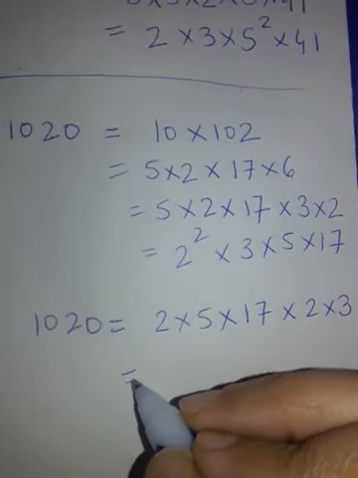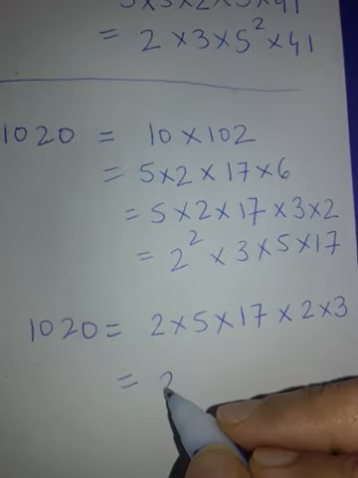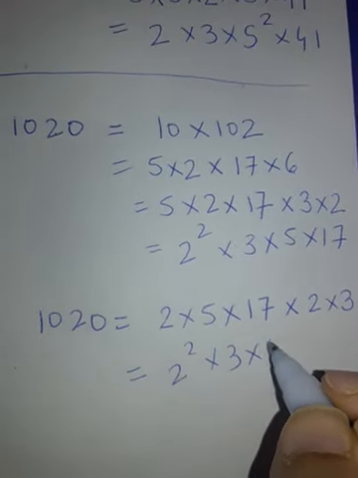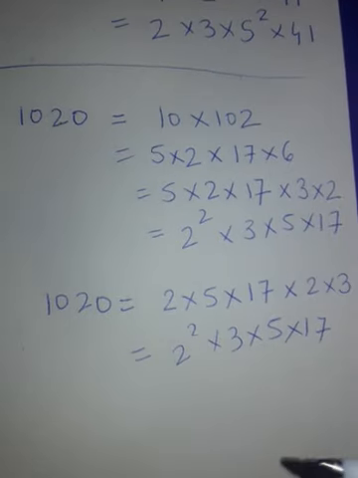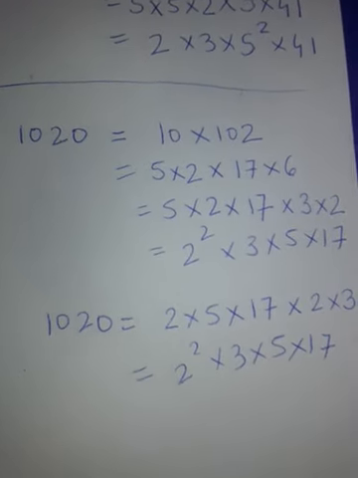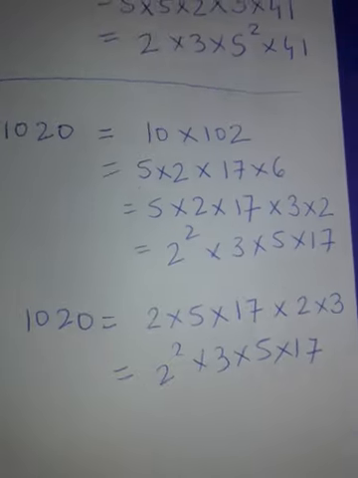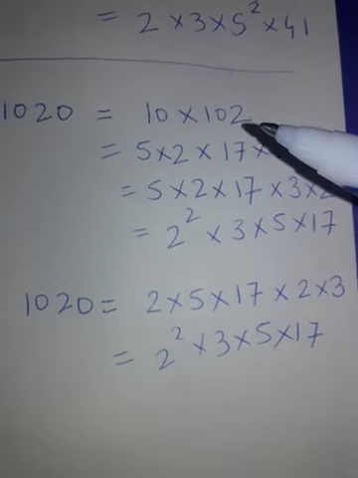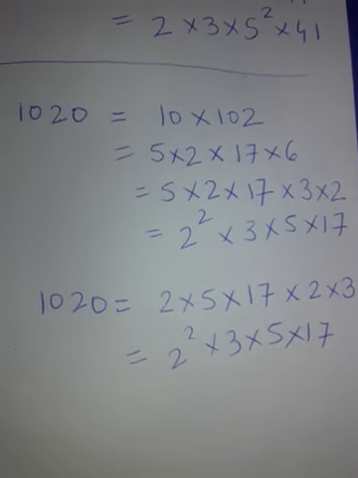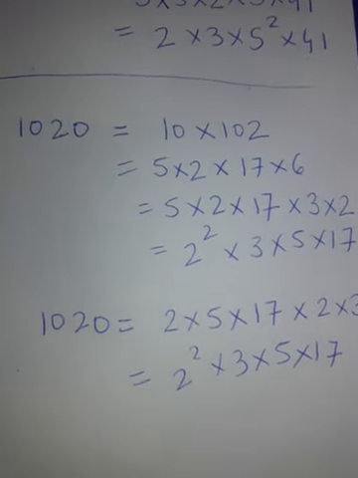In one line your factors are ready. This is 2 square into 3 into 5 into 17. Try to avoid maximum number of steps to save time, but again I am asking you same thing, that if you are not comfortable doing it orally, you can do your rough work and get the answer right. Getting answer right is also very important.